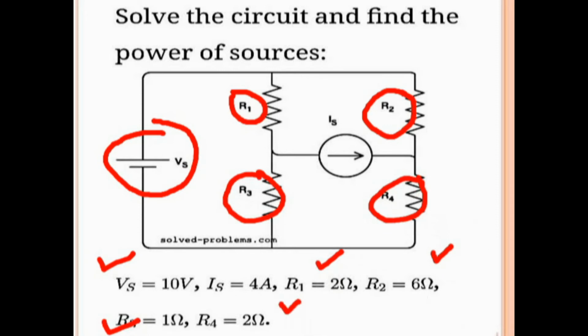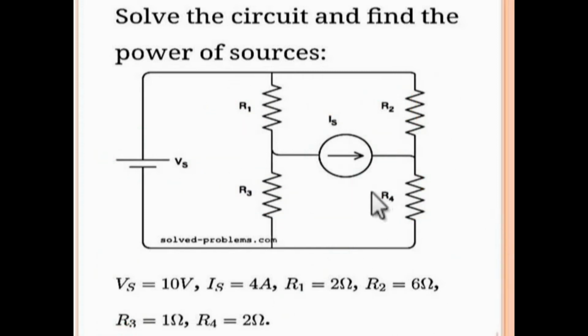But there are basically three meshes. This is one, this is the second mesh, and this is the third mesh. But what is happening here guys, there is a current source Is connected between these two adjacent meshes, as you can see over here.